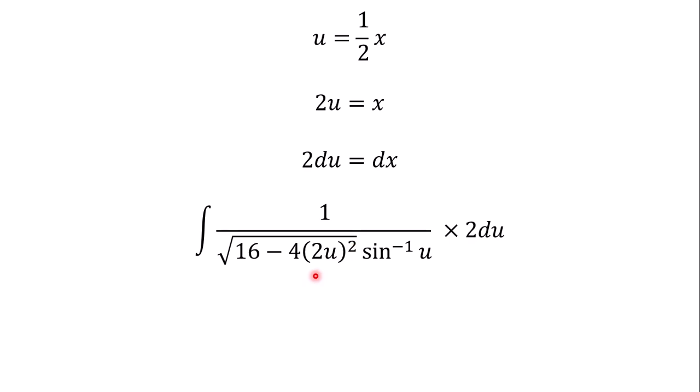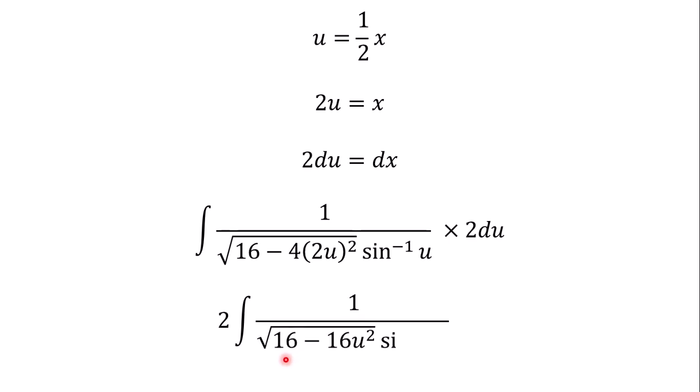Okay, and 4u squared times 4 will give us 16u squared. Okay, good.